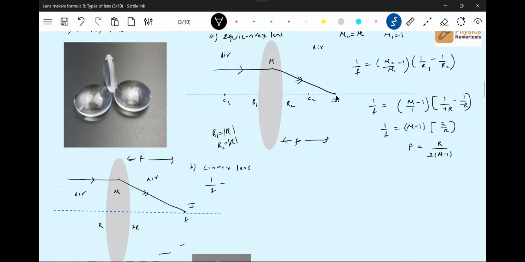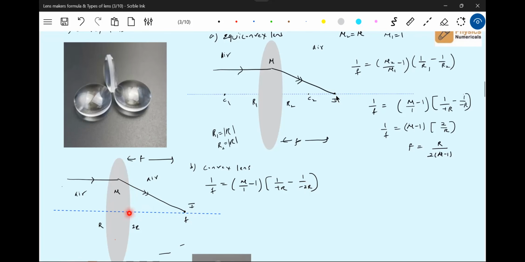How to calculate the focal length? This will be mu minus 1 into 1 by plus R minus of minus 2R. Why? Because what is R1? The incident ray will strike first on this surface, so the radius of curvature of this has to be taken as R1. Then the emergent ray will come from the second surface, that has to be taken as R2. Why negative sign?